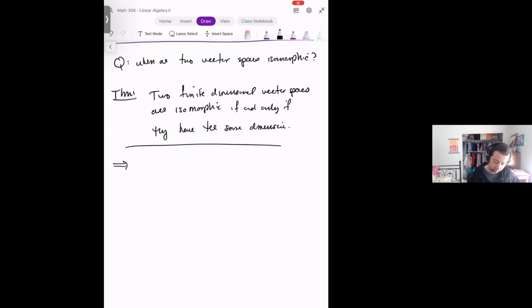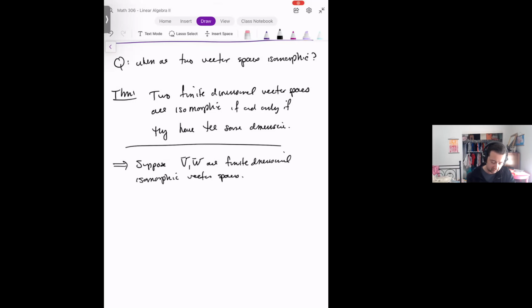We're going to assume that we have isomorphic vector spaces. So suppose V and W are finite dimensional isomorphic vector spaces. We're going to unwind what it means to be isomorphic.